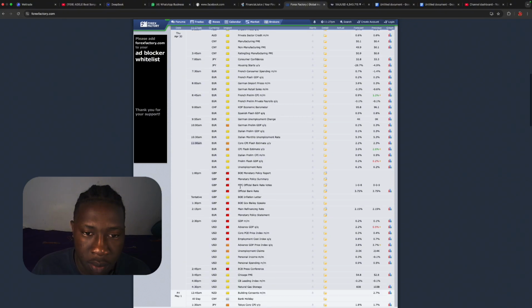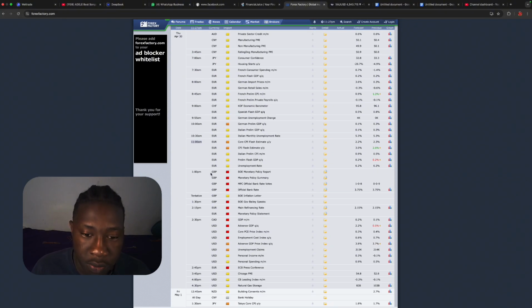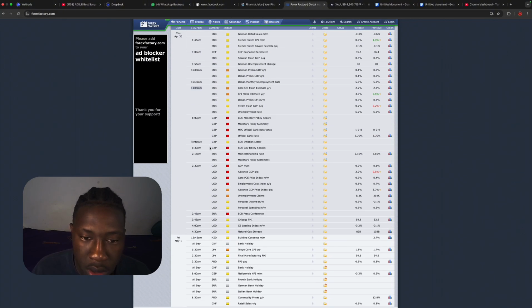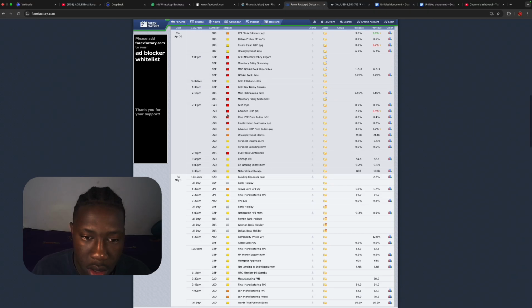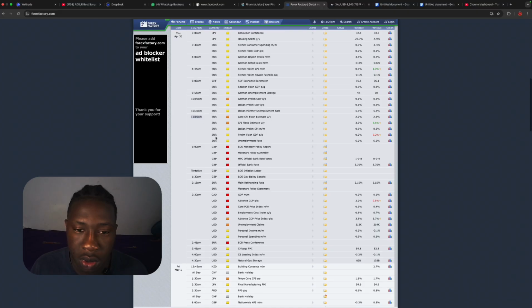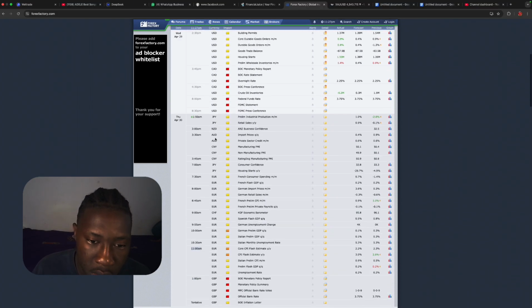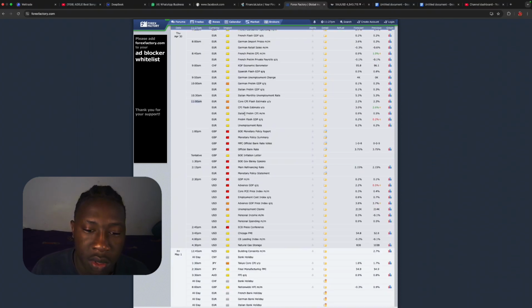So the pairs which are going to be affected are euro, GBP, and then CAD and USD. Today these are the 4 major pairs that are going to be affected by the news.